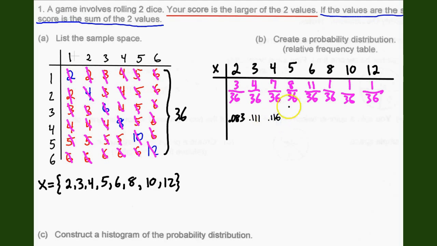We need these because we need this to graph our histogram. 8 out of 36 is 0.222. 11 out of 36, 0.305. 1 out of 36 is 0.028.